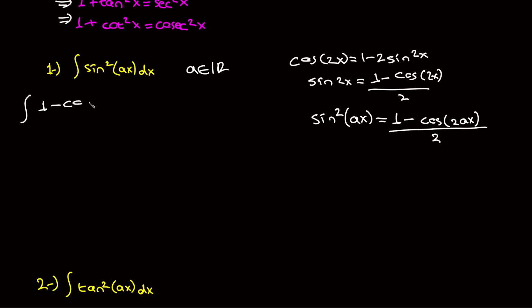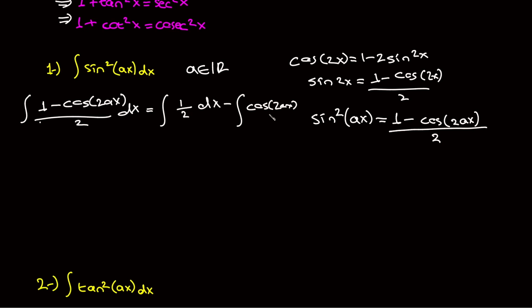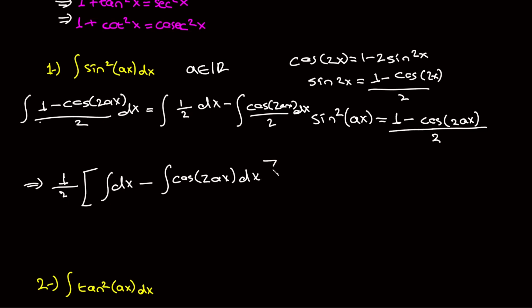Let's integrate this now. The integral of (1 minus cosine of 2ax) over 2 dx is equal to the integral of 1 half dx minus the integral of cosine of 2ax over 2 dx, which can also be written as 1 half multiplied by the integral of dx minus the integral of cosine of 2ax dx.